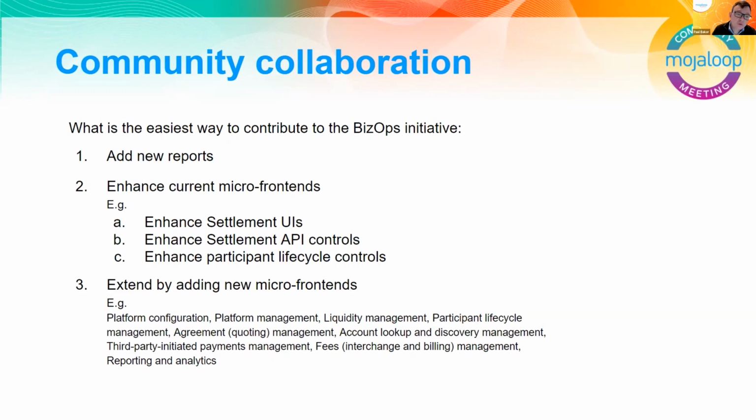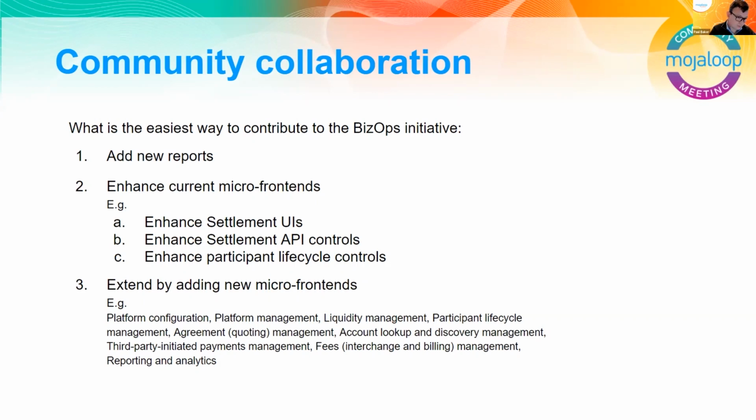First, adding new reports. Creating a new report is really just about SQL statements and permissions and tying them all together. So that's quite an easy way to create functionality that is necessary for running hub operations, and it's an easy place to contribute first.